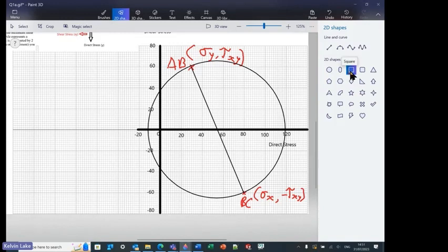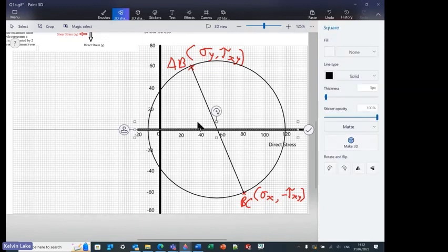So let's draw our square. If we hold down Control, we should be able to draw that. There you go. So you can see I'm drawing my square, but I'm just going to draw it as a line. So a square with 0 length on the sides.